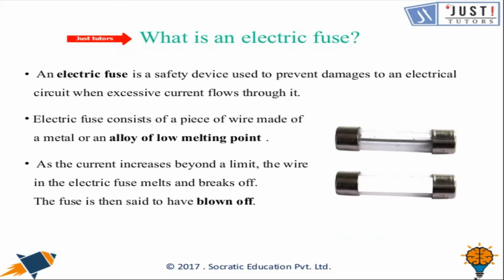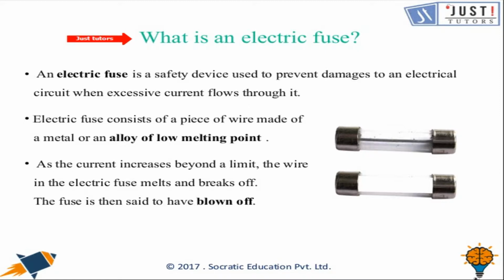Next up on the list is the electric fuse. Now this is used as a safety device in our homes, and it's used to prevent damage to an electric circuit when excess current flows through it. The electric fuse works on the principle of heating effect of electric current.